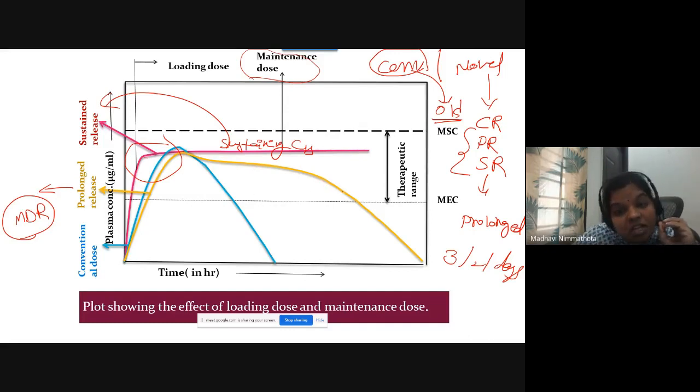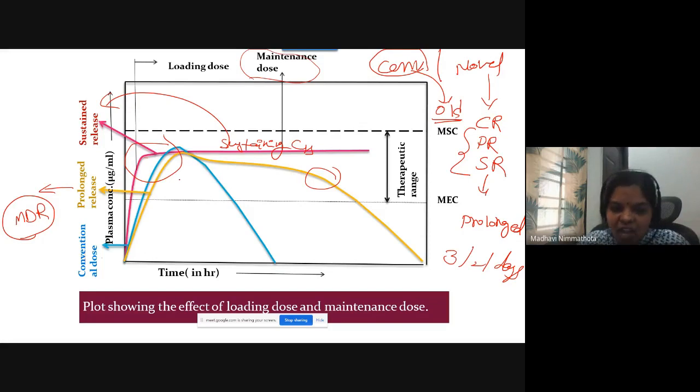So the drug concentration declines after a certain time period. And in case of conventional dose, it directly gets a peak, then it directly goes down. There is no sustainability and no drug release over a period of time. It is just after taking your drug, it elicits its pharmacological action, then it is eliminated. There is no need for it to reside in our body over a period of time.